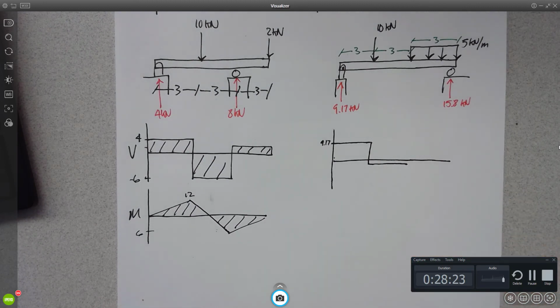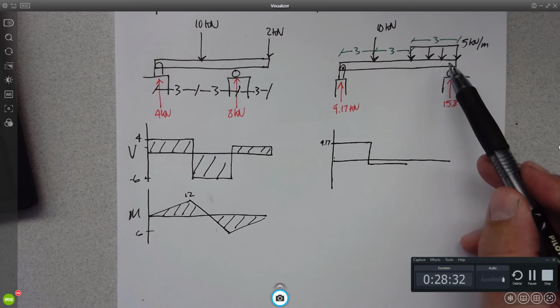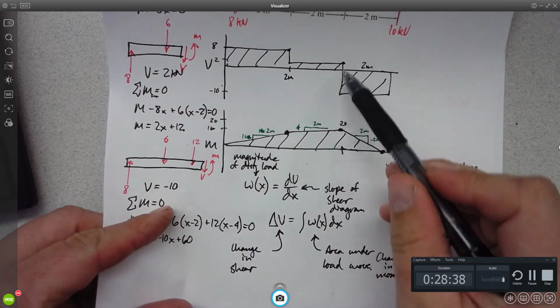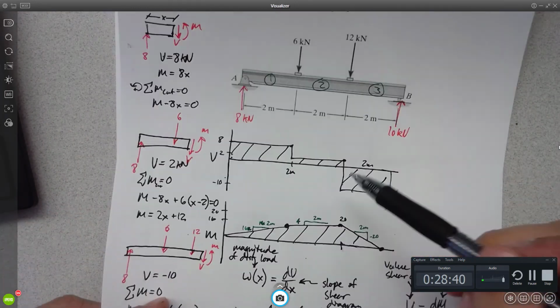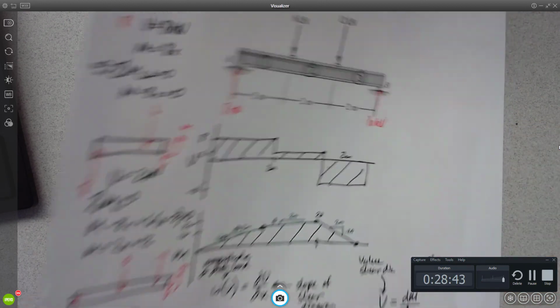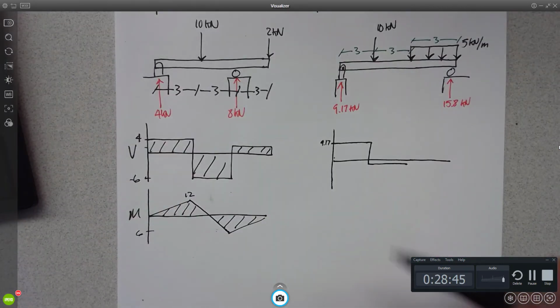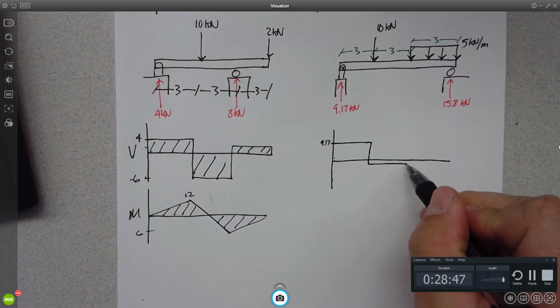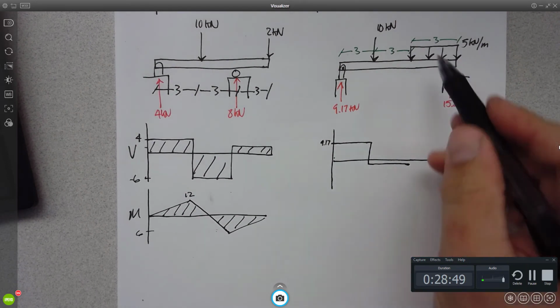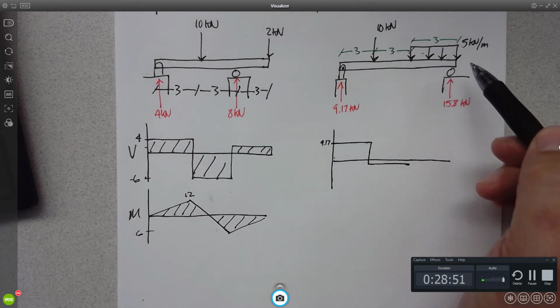Uh-oh. Now what do I do? Do I jump down 15 all at once? Nope. Remember, if we go back to these equations, the way these two are related is the same. This is related to that. So the change in my curve as I go from here to the end is going to be the area underneath this guy.